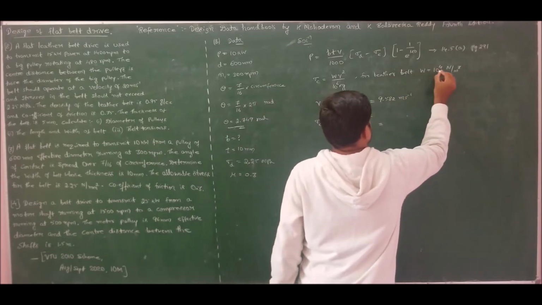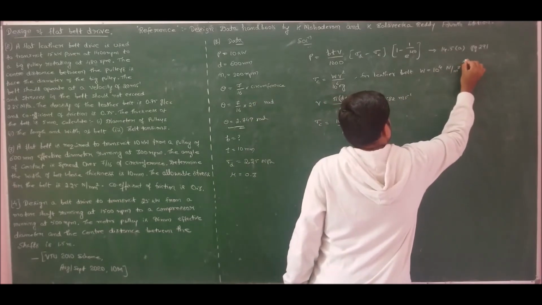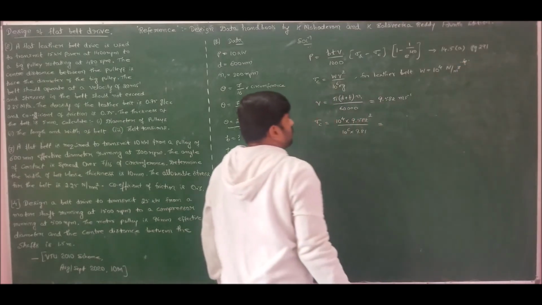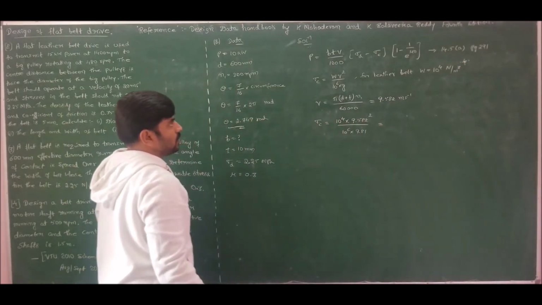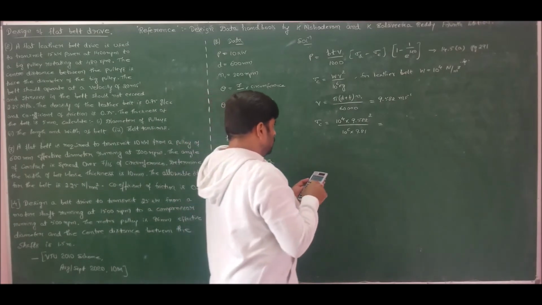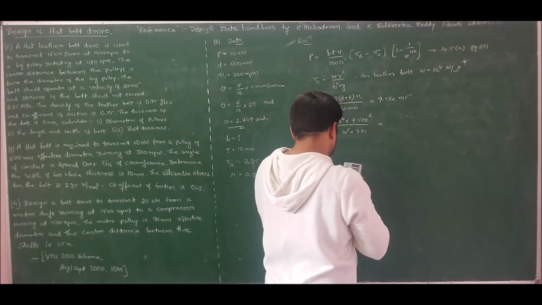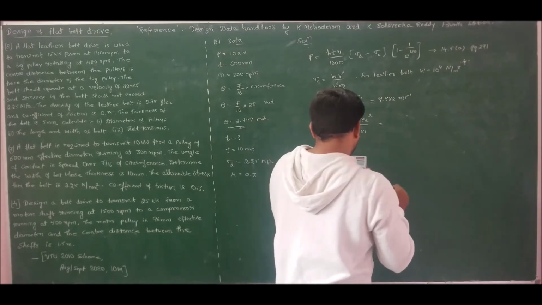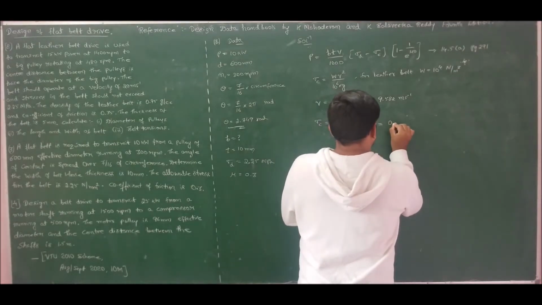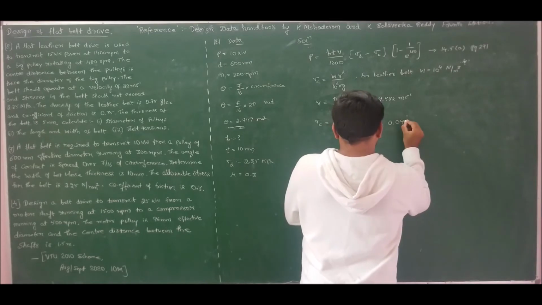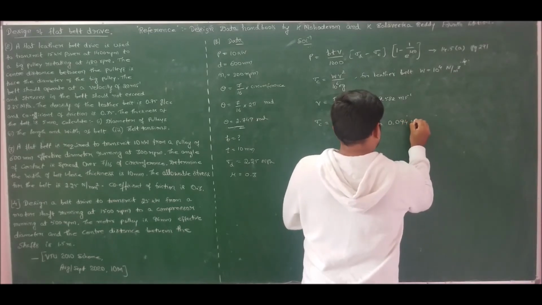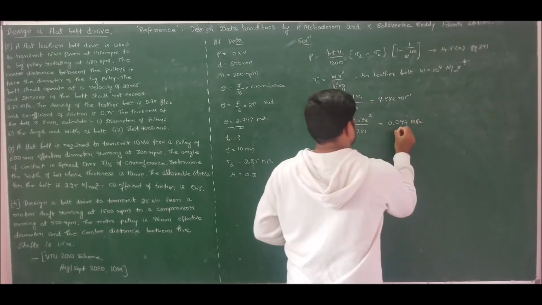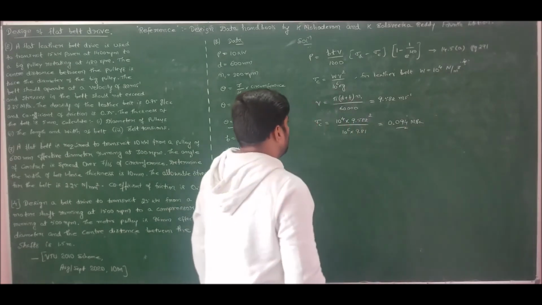The specific weight of leather should be known to you; whenever it is not given, you should take it as 10 to the power of 4 Newton per meter cube. If I solve, the centrifugal stress turns out to be 0.094 megapascals. So we have found out all the values.